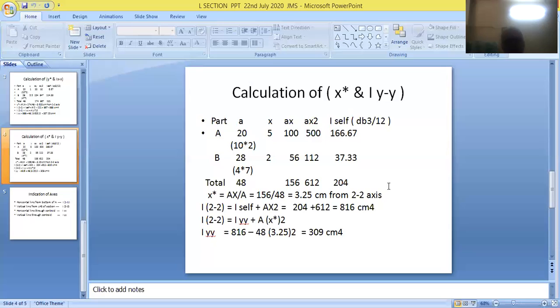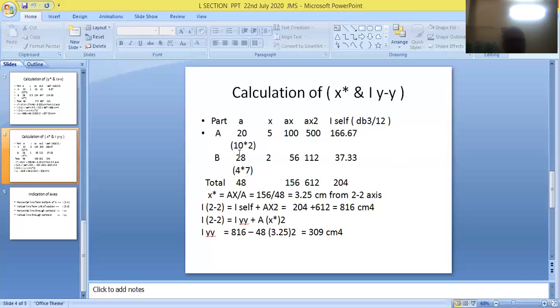And friends, for doing this IYY calculations, I self must be taken as dB cube by 12. So in the previous slide, I self is taken as BD cube by 12. Now it has to be taken as dB cube by 12.